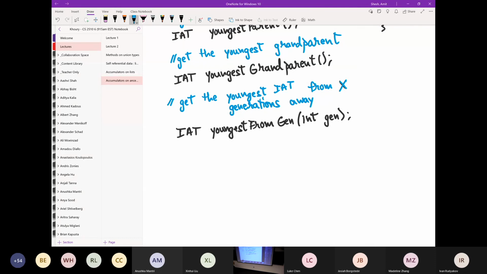Because remember, the tree doesn't store my siblings. Okay? So in this entire tree, who is the youngest IAT of generation 0? That would be me. Right? Because I'm the only one of generation 0 in this entire tree.